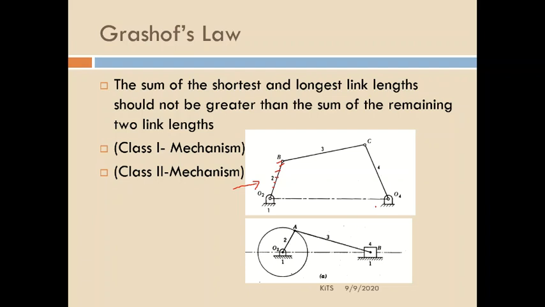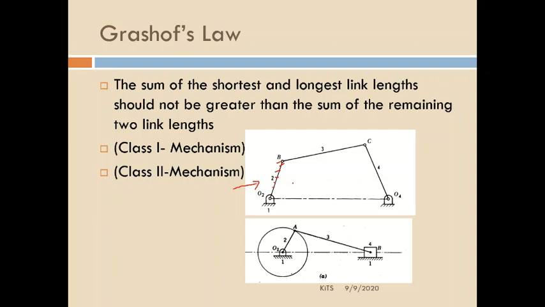Otherwise, if originally link 2 has a length of 5 centimeters, and I change the length of the link, or the size or shape of the link, then that is also called inversion of mechanism.